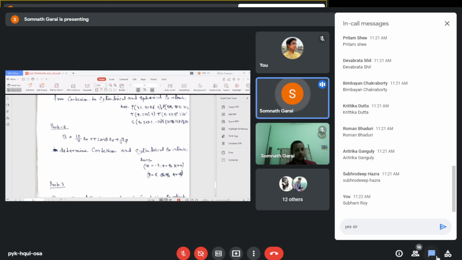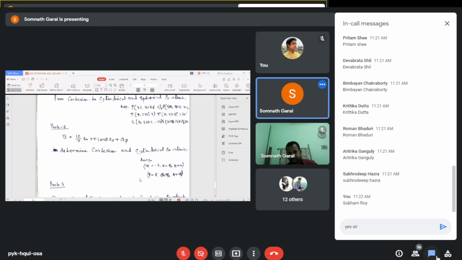Now put the values in the interrelation between spherical coordinate and Cartesian coordinate. Just you try. If there are any difficulties, then I will discuss in Tuesday's class. Already class is over.